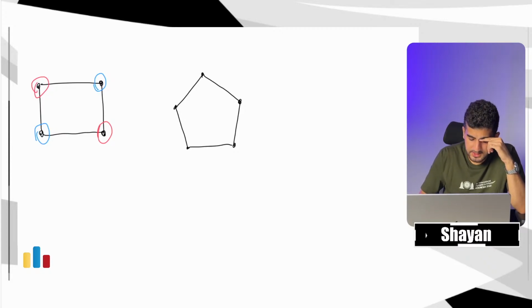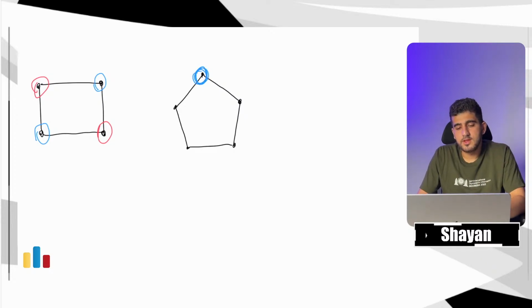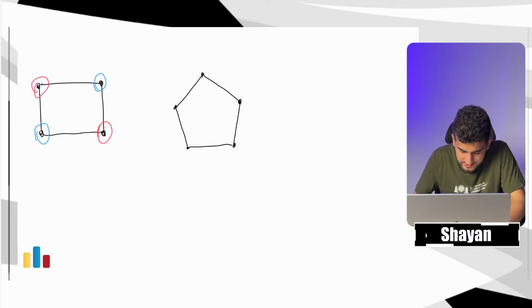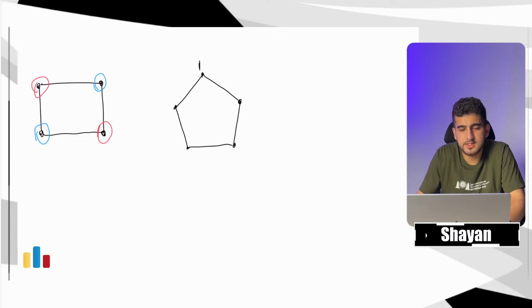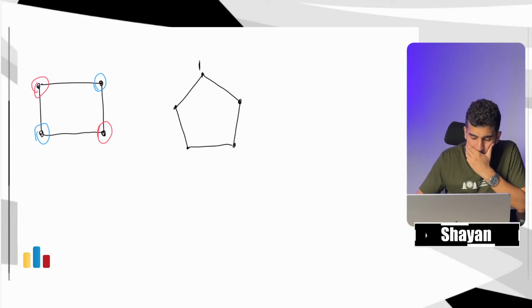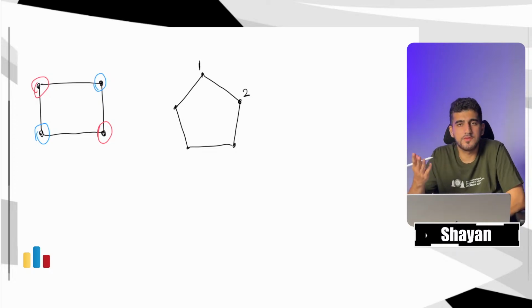For example, this one has a color. Let's say that it is color 1. We don't know what color 1 is. Let's just name the color that this vertex has to be color 1. But the next vertex should have color 2, because it cannot have color 1 anymore.